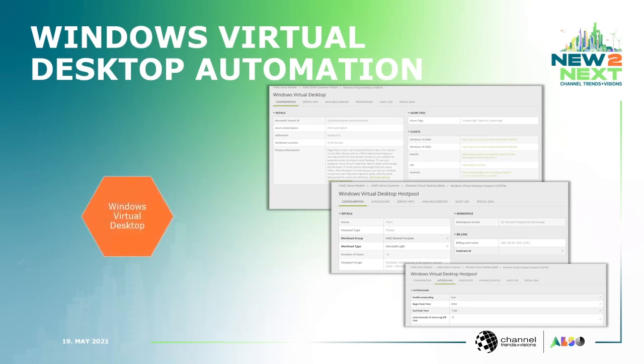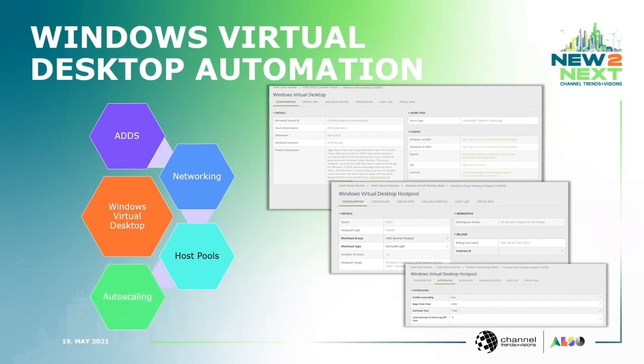The next thing it deploys is the Windows Virtual Desktop itself, the Active Directory domain service, the networking part, the host pools that contain the machines the users access, and an auto-scaling option that you can specify. When do I need my VMs?